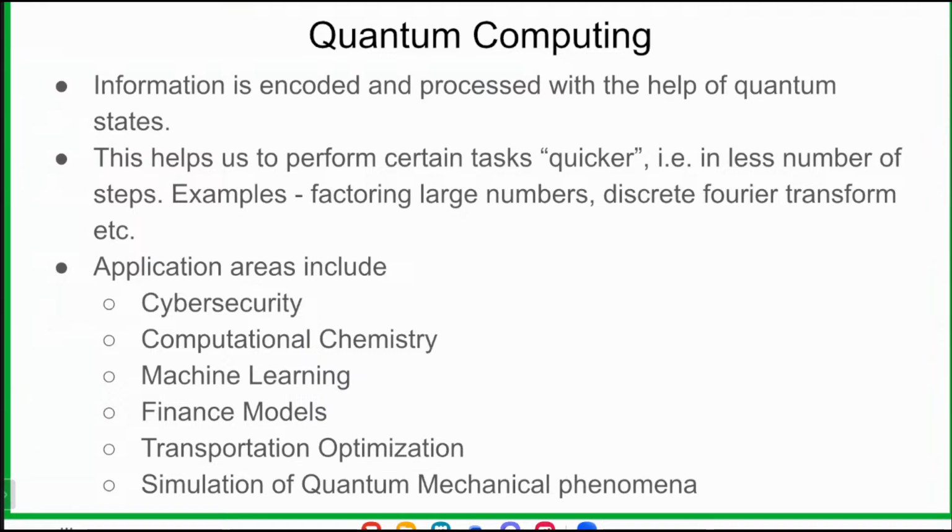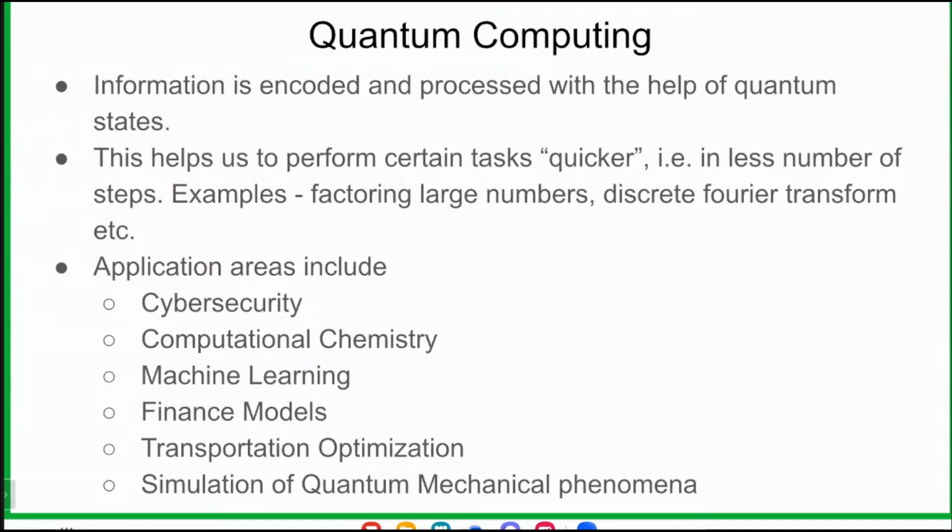That is the basic idea of quantum computing, and the applications are in a diverse number of areas. Some of the algorithms which quantum computing makes faster are factoring large numbers, the calculation of discrete Fourier transforms, and so on.